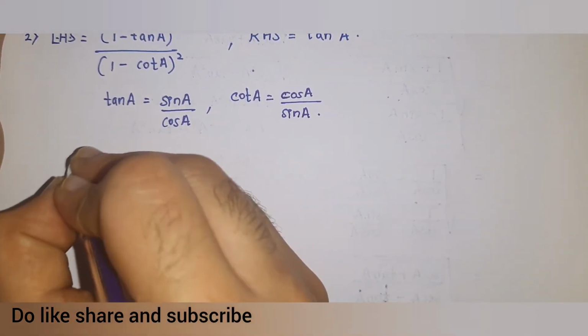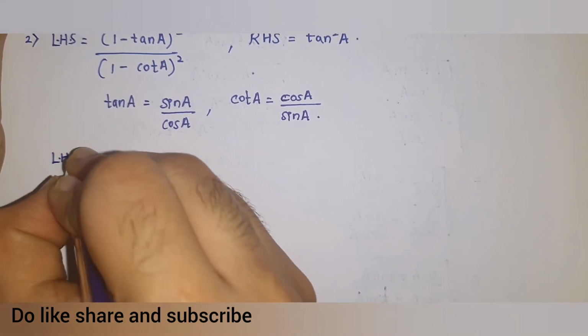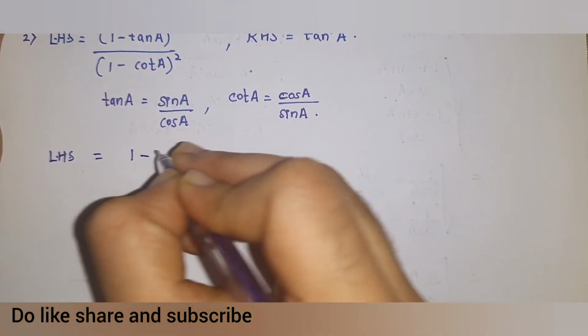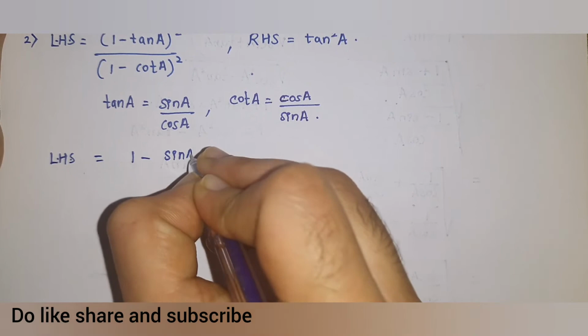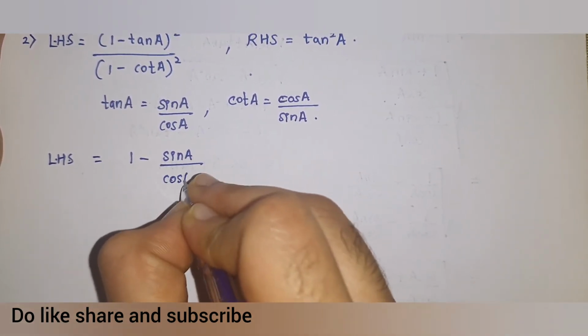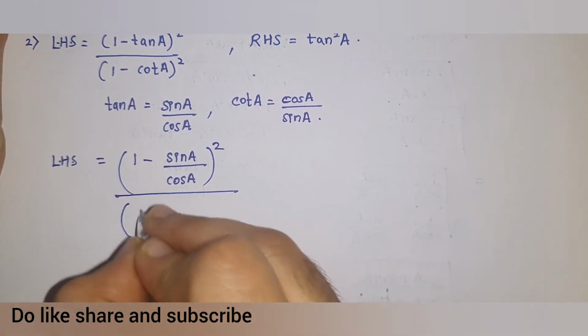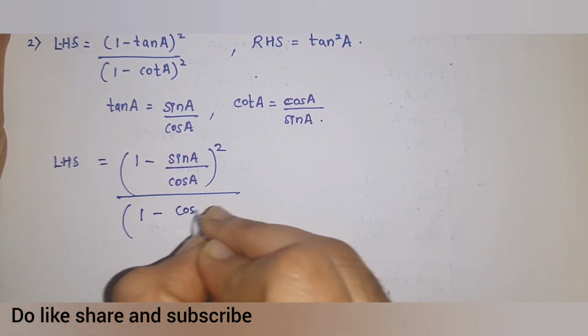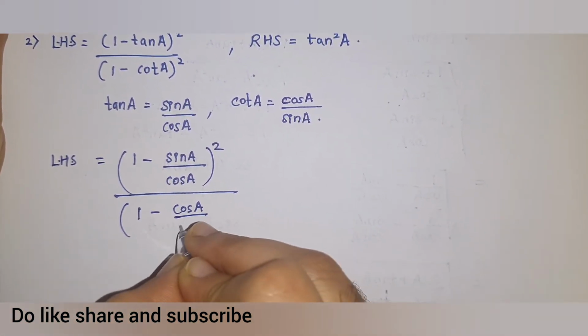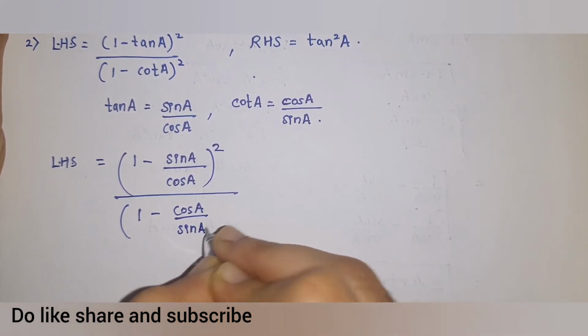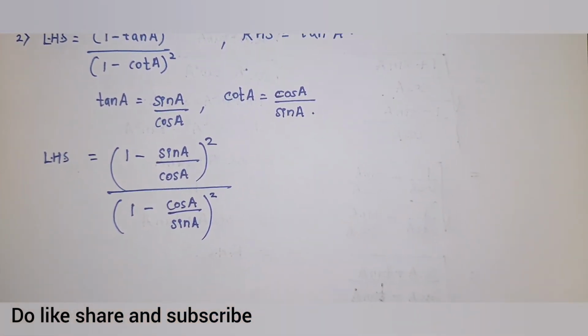So we get LHS is equal to (1 − sin A / cos A)² divided by (1 − cos A / sin A)².